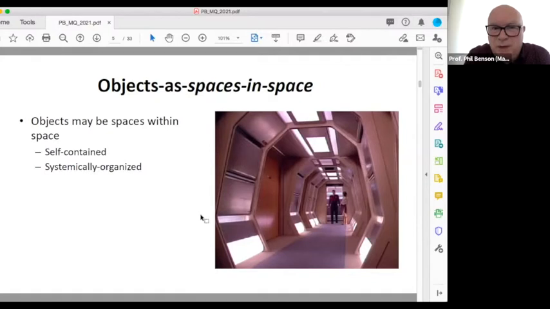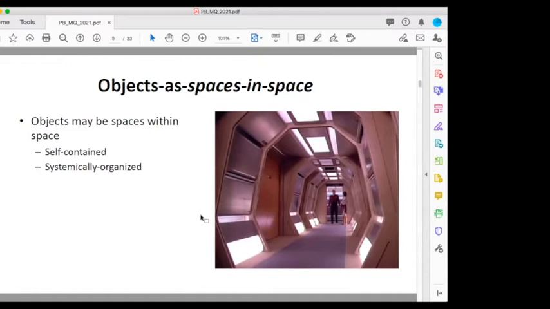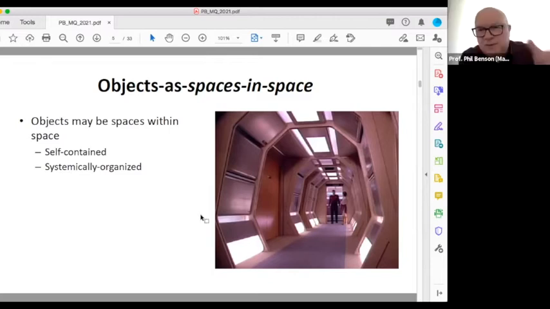So when an object is of that character, then it has two main characteristics. One is that it's self-contained, in the sense that it's separate from the space that surrounds it. And it's also systemically organized in itself.